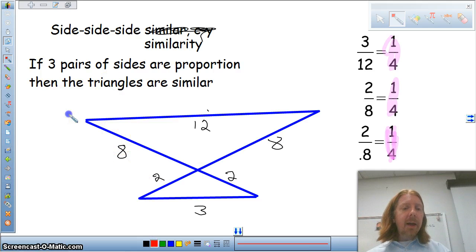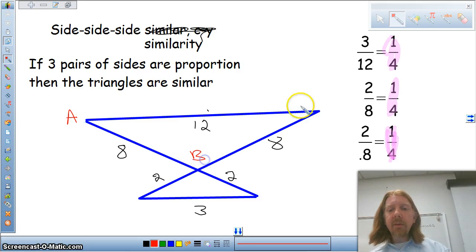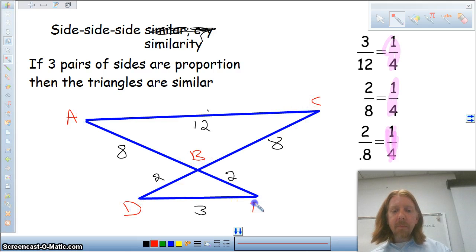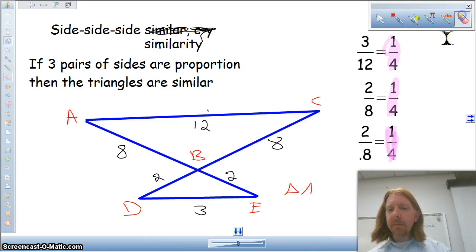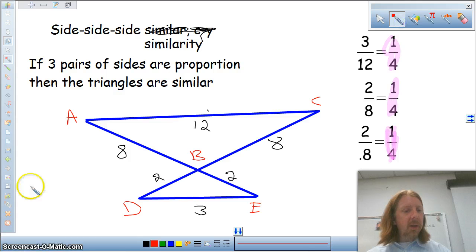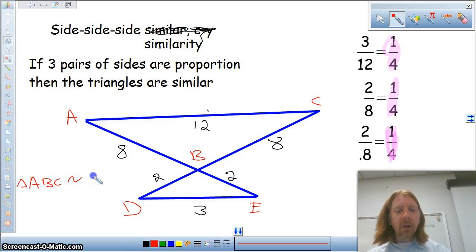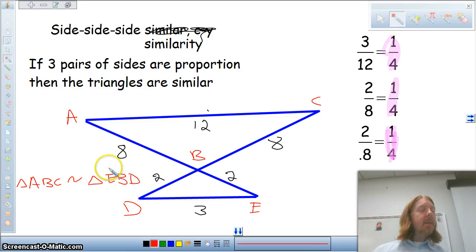But for now, I have enough that I could write, let's put it over here, that triangle ABC is similar to triangle EBD. I can identify these two triangles as similar based on this.